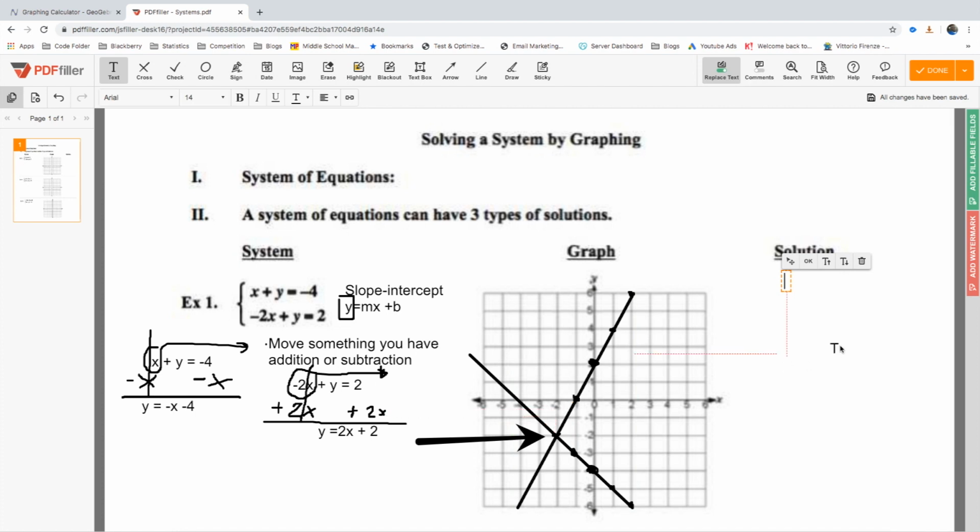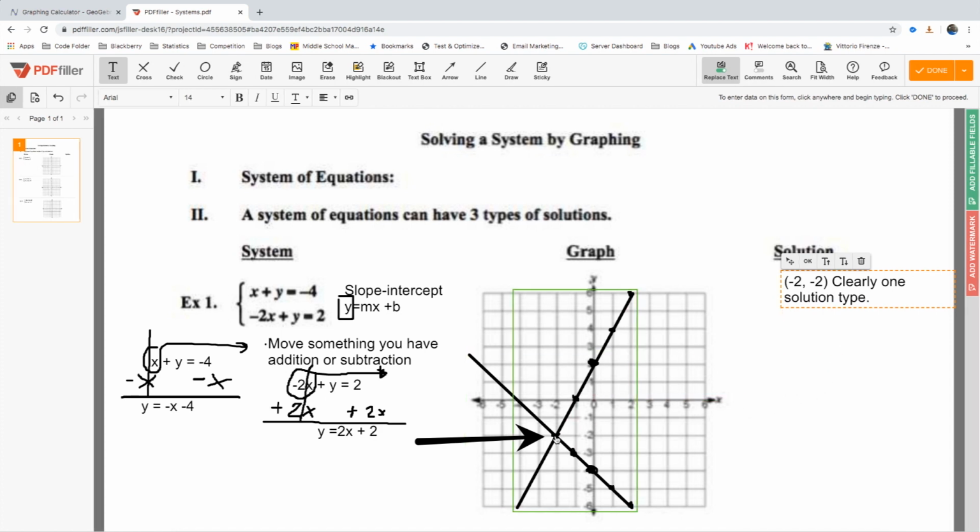So they intersect at (-2, -2). I am clearly looking at a one solution scenario, or type, because they only touch one time, or they only have one thing in common.